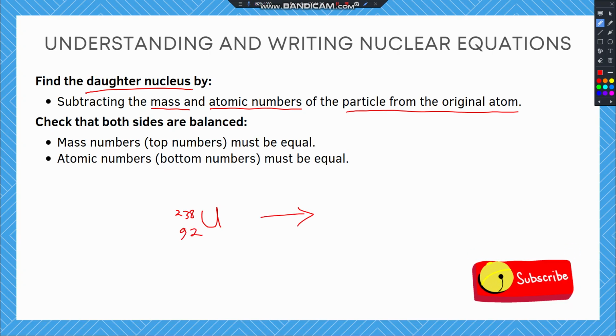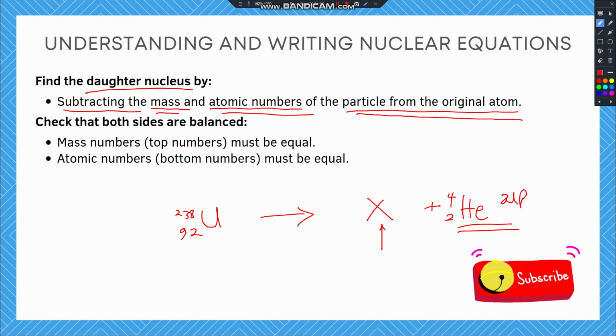If we want to know what the daughter nucleus will be, let's name it X, and let's show the alpha particle that was released. So subtract the mass and the atomic numbers of the particle from the original atom. The particle is a helium atom or alpha particle, whichever one you want to call it.